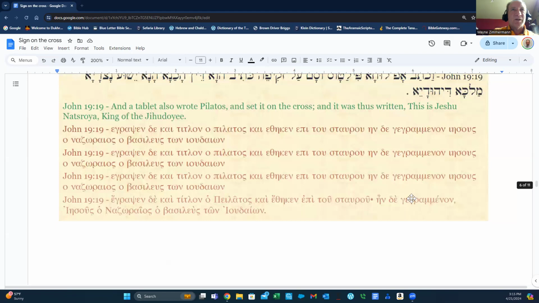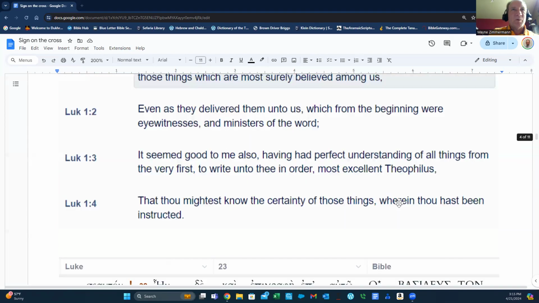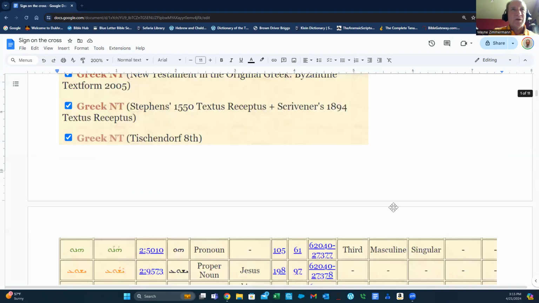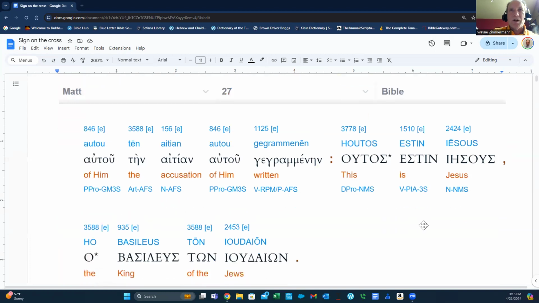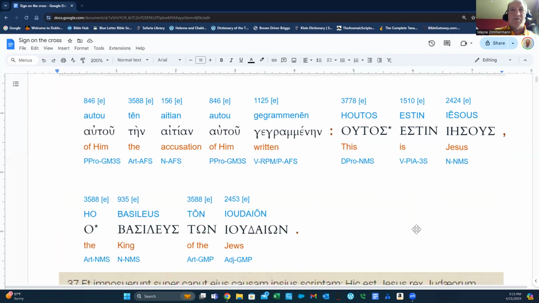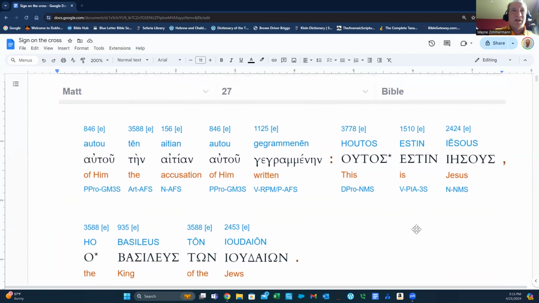We know that Matthew is where I want to start. And what we see here in Matthew chapter 27 is the Greek version. This is taken from Bible Hub. It's an interlinear format. And again, I know just enough Greek to muddle my way through it.